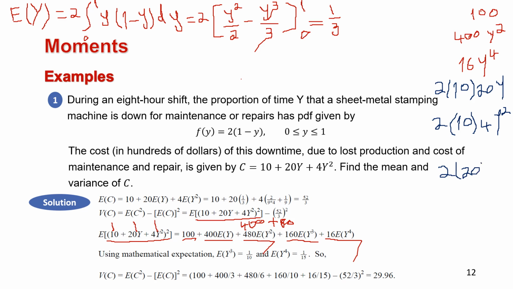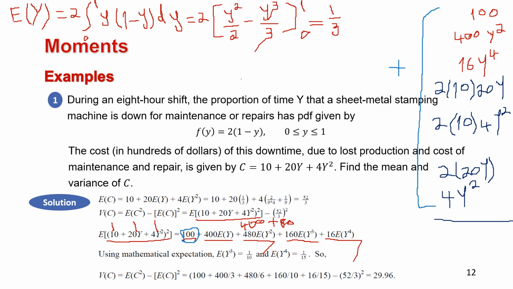So 2 times 20y times 4y square. Let's add all these elements.